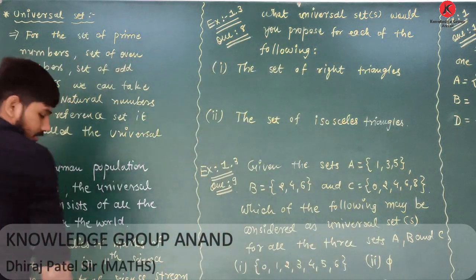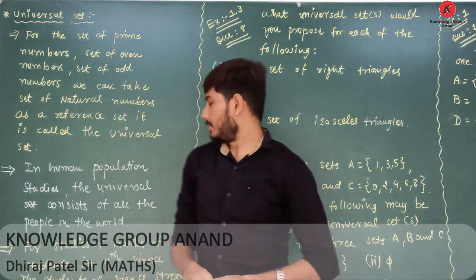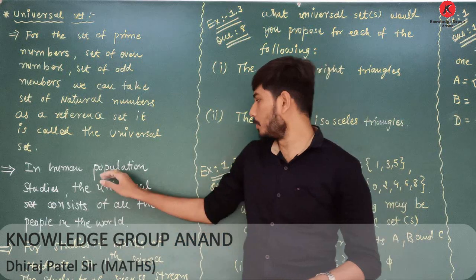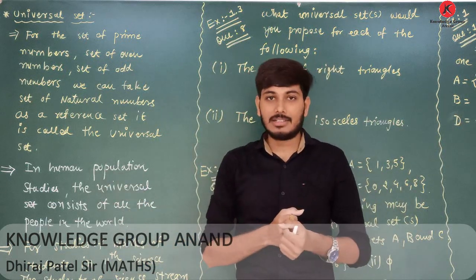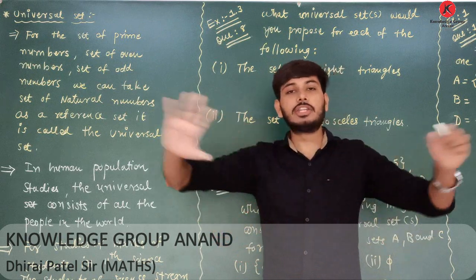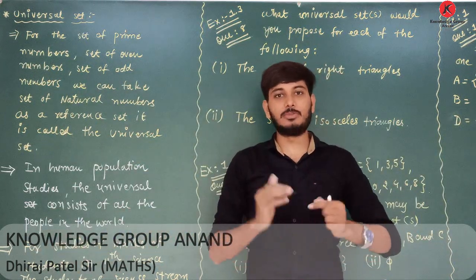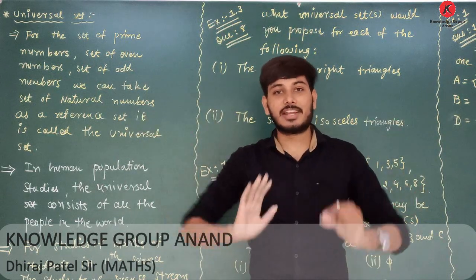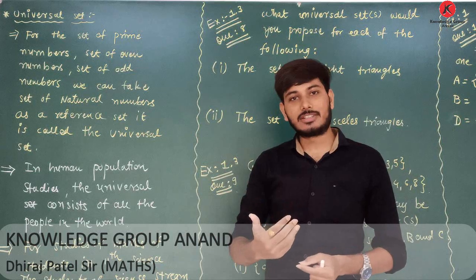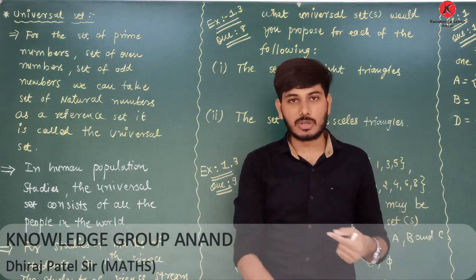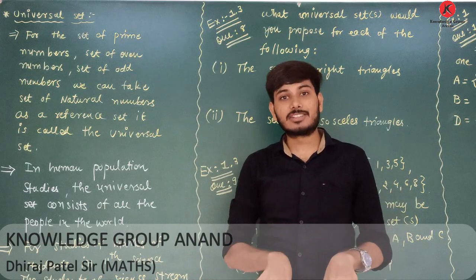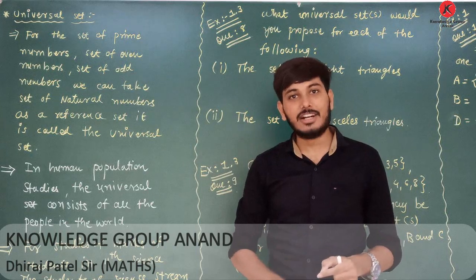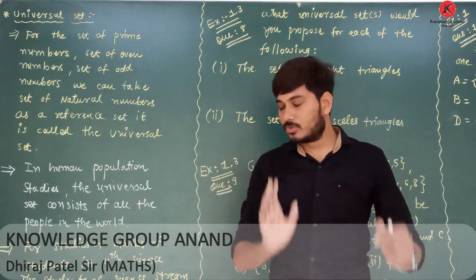Now, if we are studying the human population, the universal set consists of all the people in the world. For studying the human population, we have to consider all the people in the world as a reference set. Then we can bifurcate them: the population of India, Australia, America, but we take the reference set, which is known as the universal set, as the total people of the world.